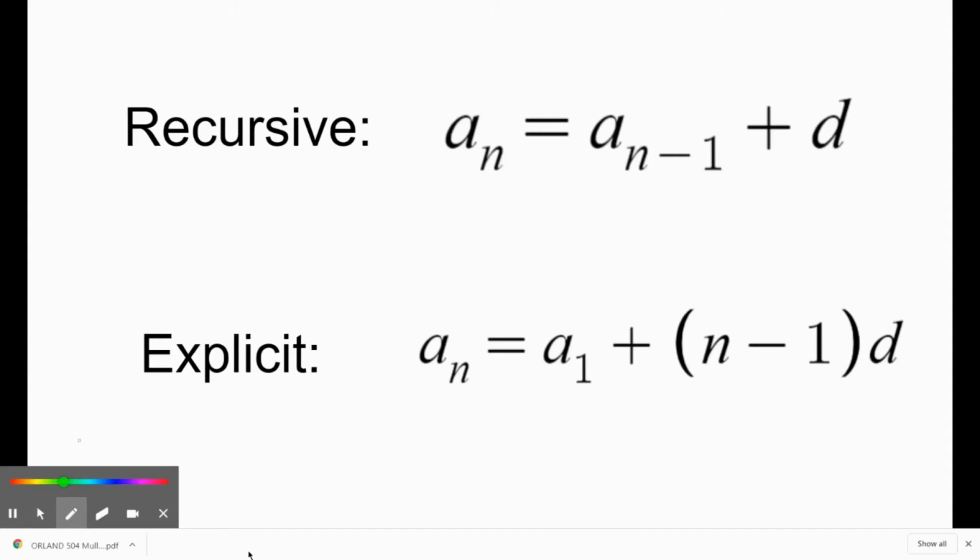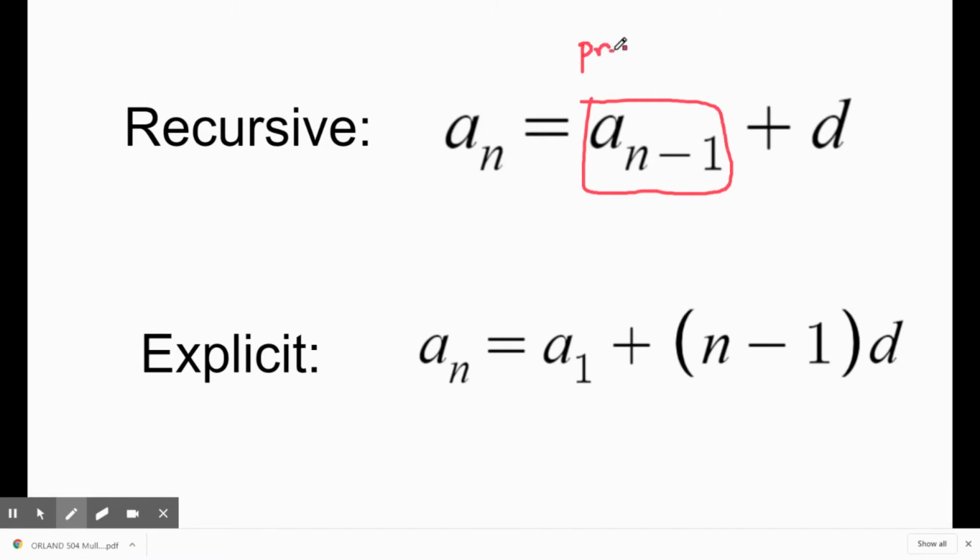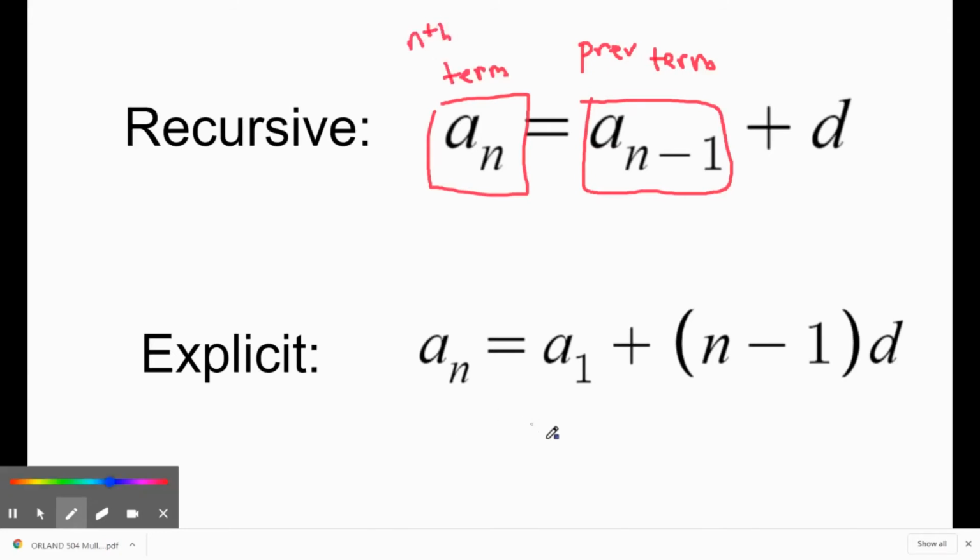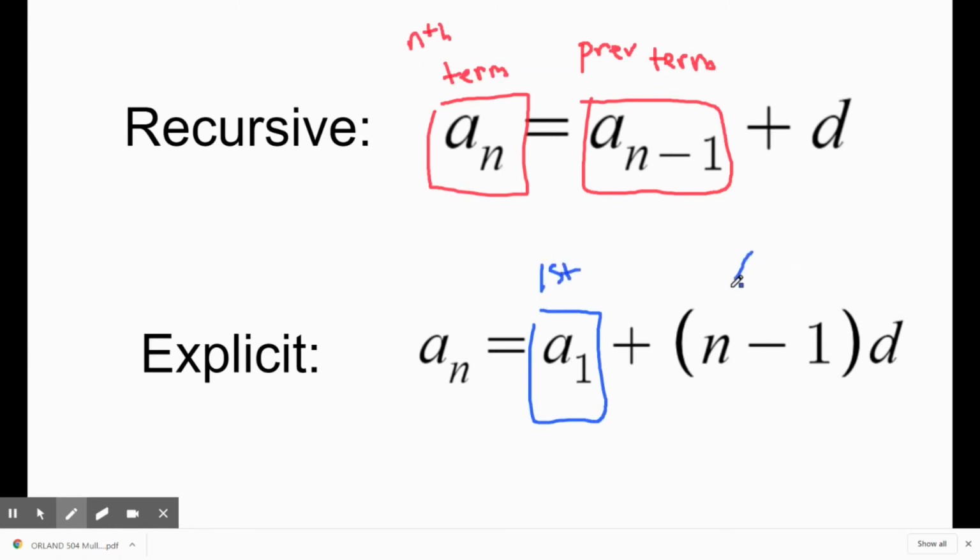There are two different formats to find the nth term. And again, n could be any number. This right here always stands for, I want you to write this down, previous. This is your previous term. And this is the nth term, the term you're looking for. Now, the explicit formula always uses the first term, and it will take you to whatever term you would like.